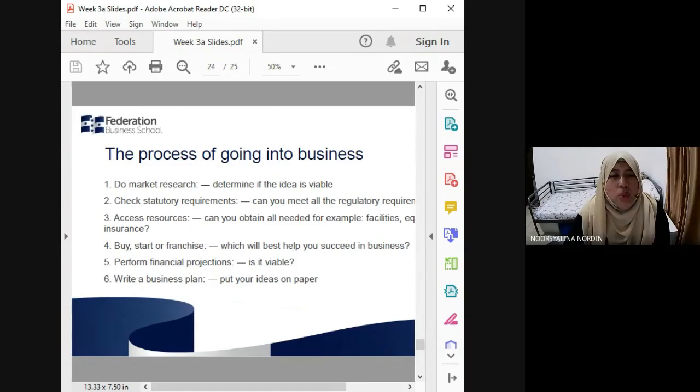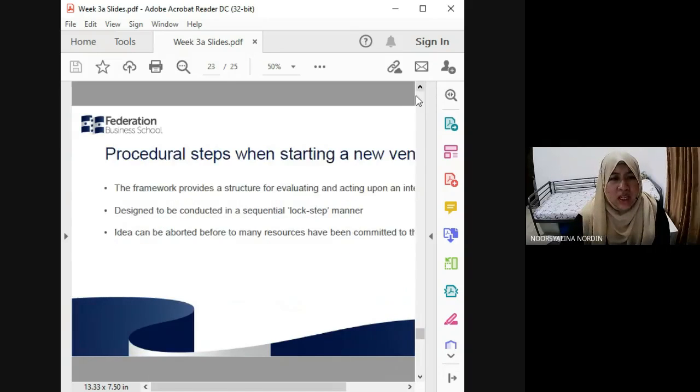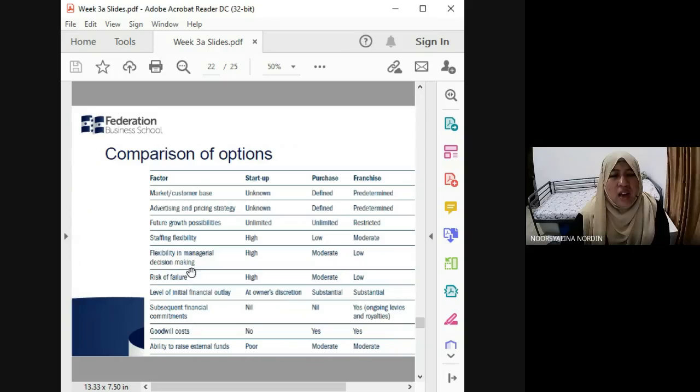And number four, you will buy, start, or franchise. There are three options. You may choose the one which will best help you succeed in business. So you have to compare with the previous slide, and see where you are in this condition, whether you want to minimise your risk. Of course, in every business we want to minimise our risk, right?